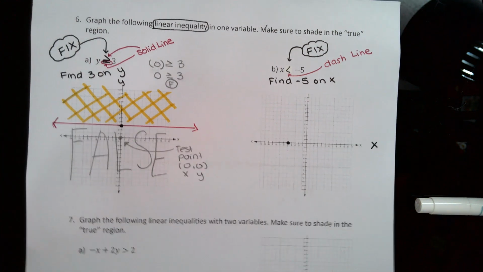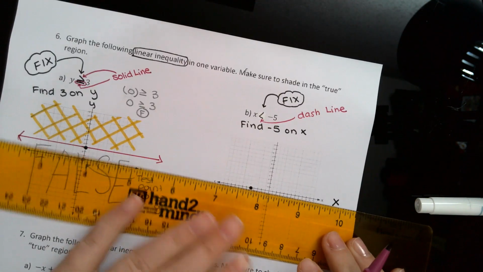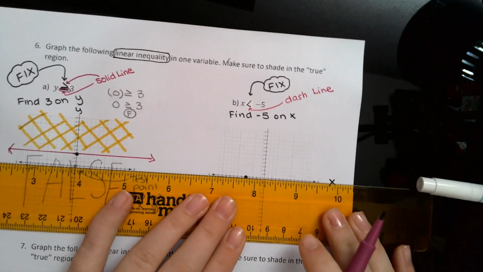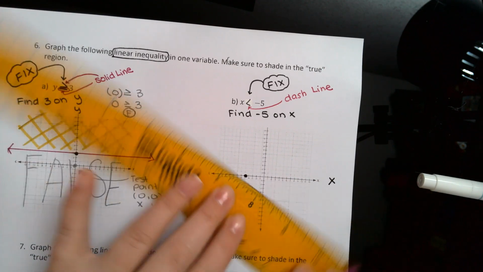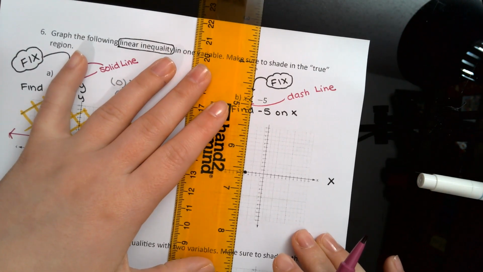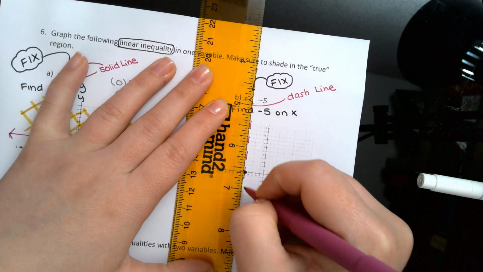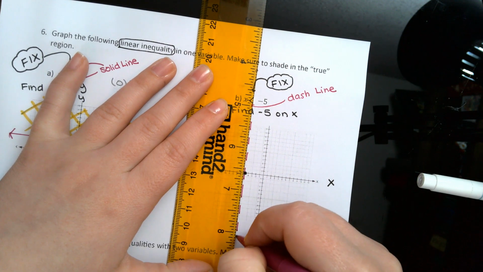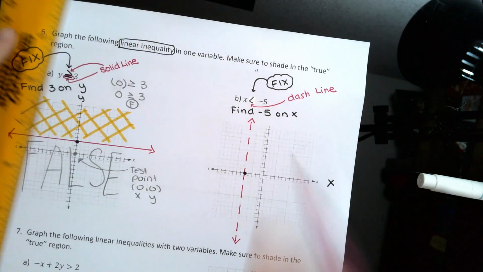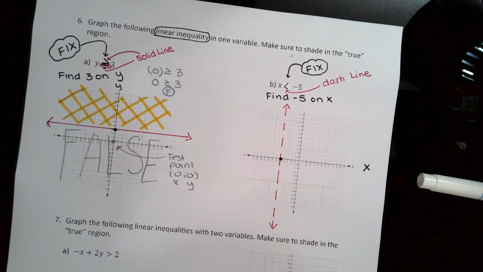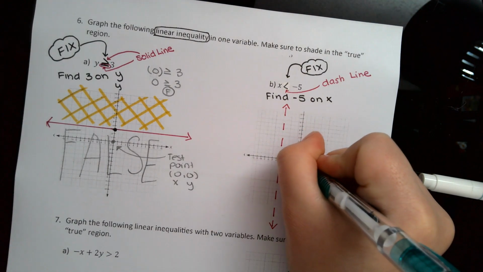Pick up your ruler. You have two options. We have one variable, so it's either going to be a horizontal line, which there is a horizontal line already, so it's not that one, or a vertical line, which this is going to be. We want a dashed line. Extend it past. And we want our testing point of 0, 0.